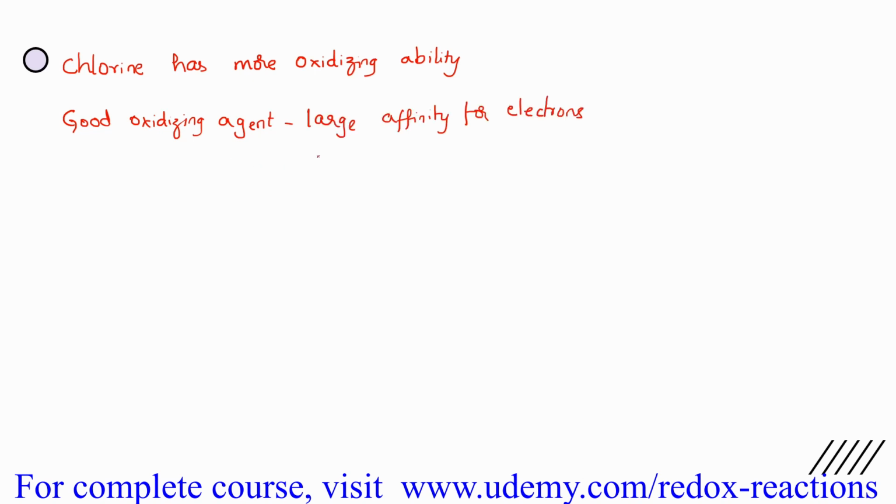It should have high electronegativity, and it should have an increased oxidation state, which is imperative from the previous question that we have answered. Chlorine has a higher oxidation state because when the oxidation state increases, it becomes more electronegative as well. So we can say that it has the ability to take electrons from iodide ions as well.